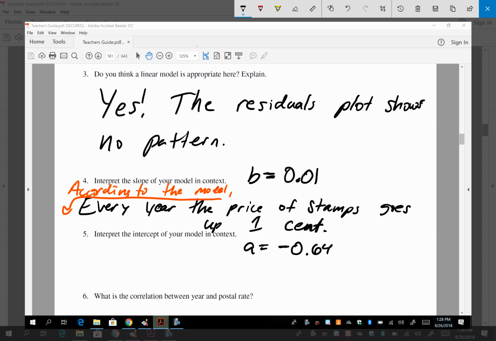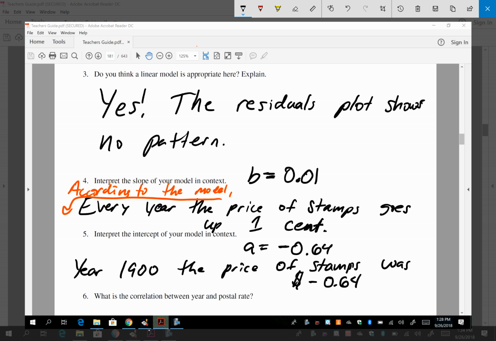You don't know? Shall we ask someone for help? Who would you like to ask? Like phone a friend. Jacob, what do you think is the definition or interpretation of y-intercept for this problem? Very good. Year 1900, the price of stamps was negative 64 cents.